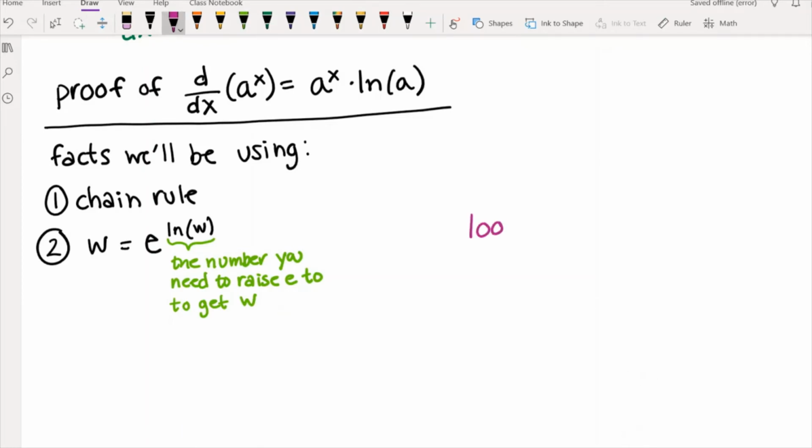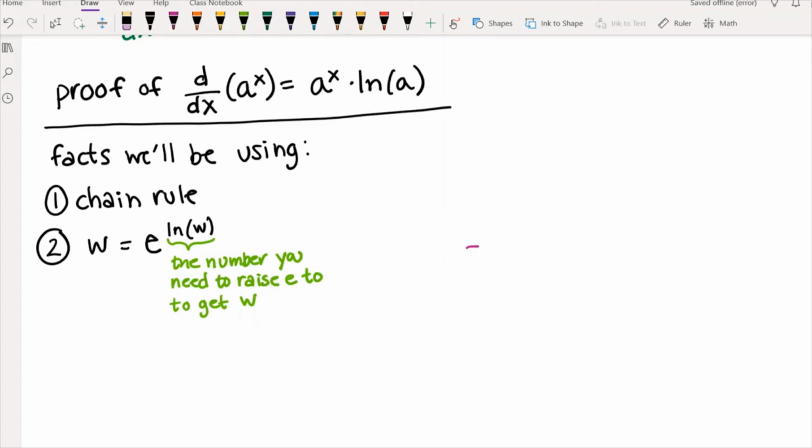Let's say you took log base 2 of 8. That's equal to 3, right? Because log base 2 is asking you what power you would have to raise 2 to in order to get 8. That's how logarithms work. They're asking you to figure out how to go from one number to another using exponents. And so ln is a log with a base of e. So ln of w is the number you would need to raise e to in order to get w.